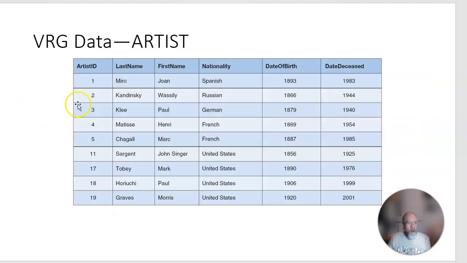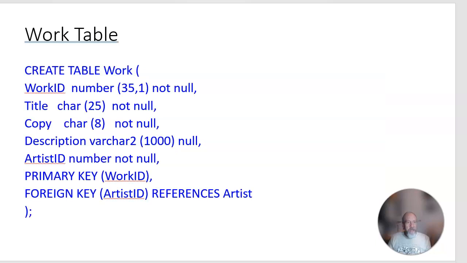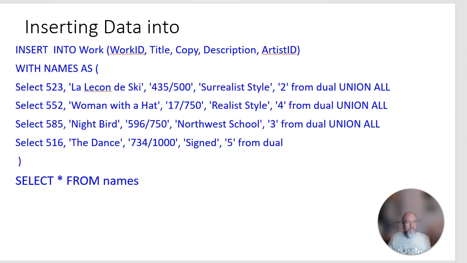Artist number 2 is Wassily Kandinsky, which is a Russian artist, and it has to exist. That artist must be in there before you can insert any of the works for that artist into the work table. Got it? And you've got to do it by the number.